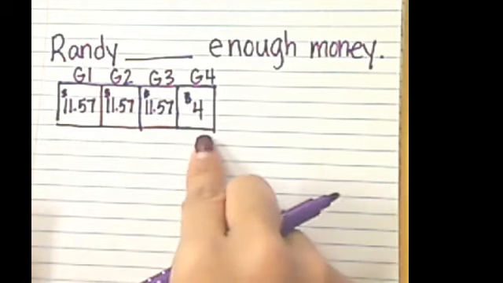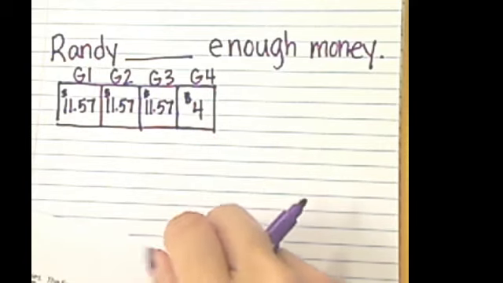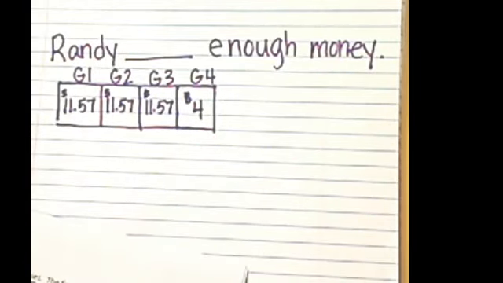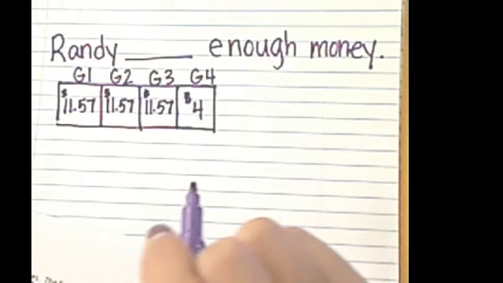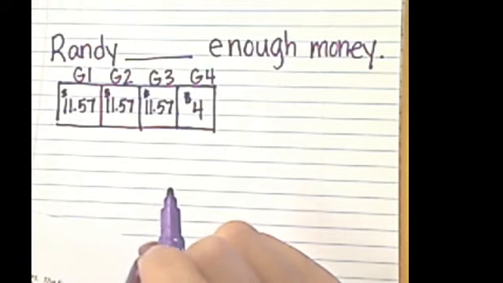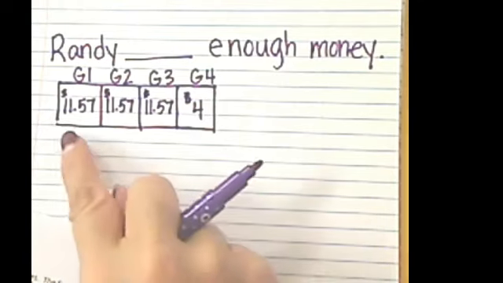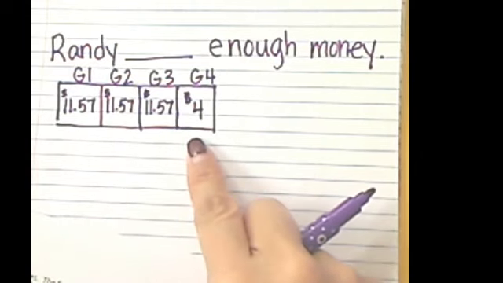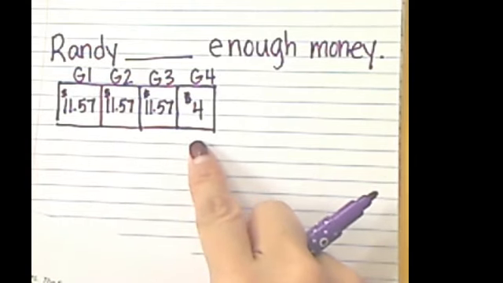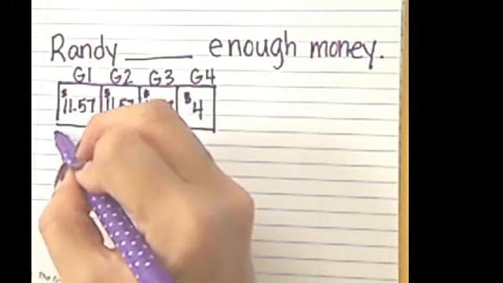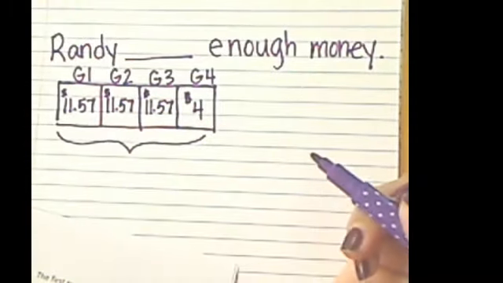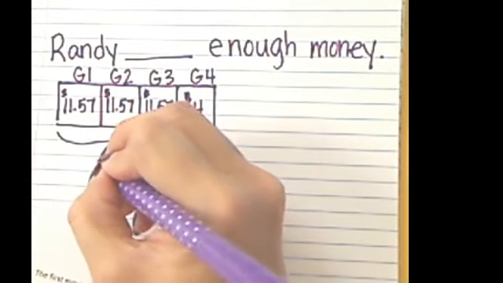So if he were to buy all 4 games, we need to know how much money he needs. How are we going to figure out how much money he needs? Look at this. Think about our other models that we've seen so far. We need to find the total.